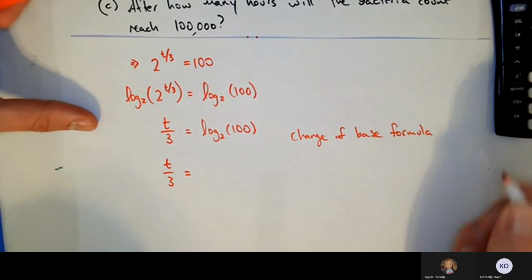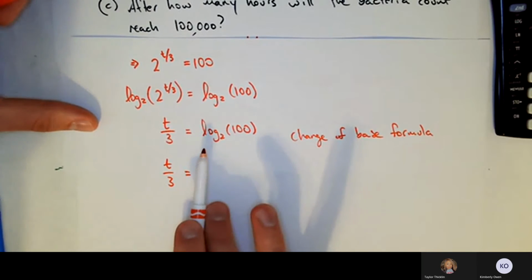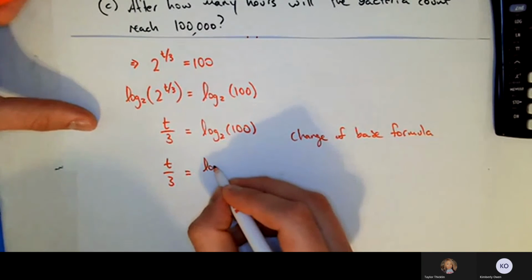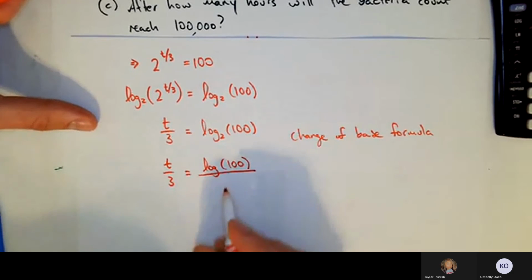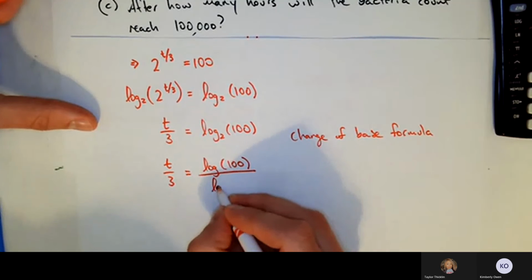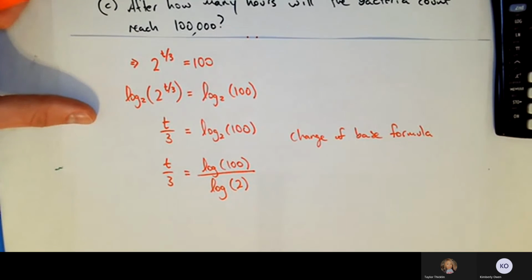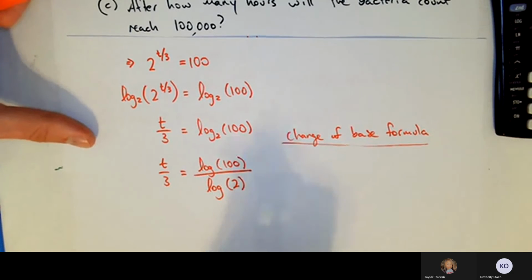Because whenever I've got a log that's not a common log or a natural log, I need to use the change of base formula to rewrite it so that it can be plugged into the calculator. So recall that that's just the same as writing common log of 100, in other words, just drop the base, and then over common log of 2. Just like that, you put the common log of the base in there. So that's coming from the change of base formula.